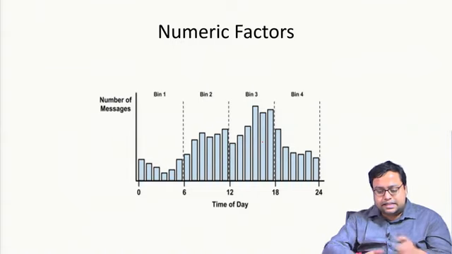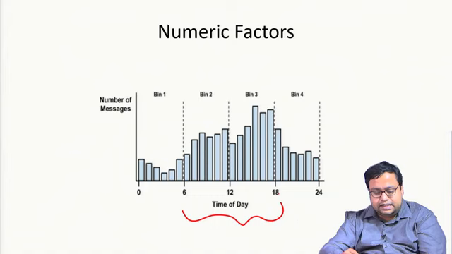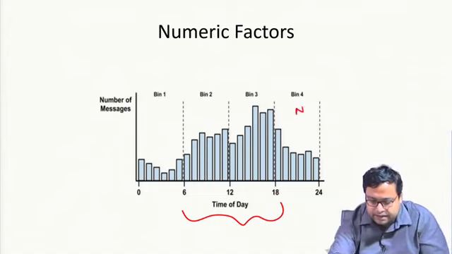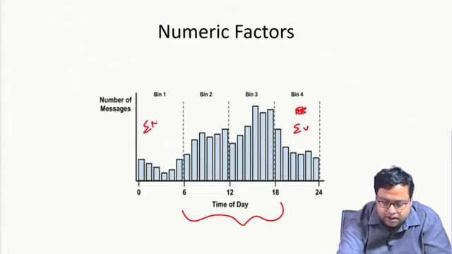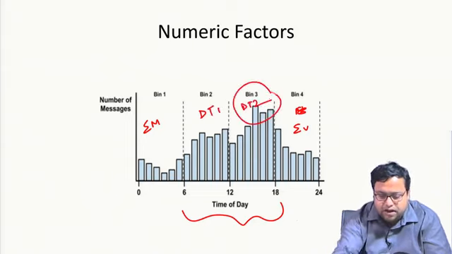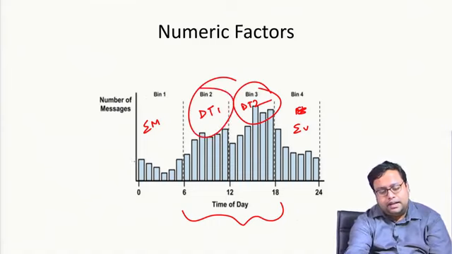This 6 to 18 is when the frequency is high. So I say this is night, or let us say evening, this is early morning, this is daytime 1, daytime 2. Whenever daytime 1, daytime 2 comes, there will be a higher chance of being a spam.